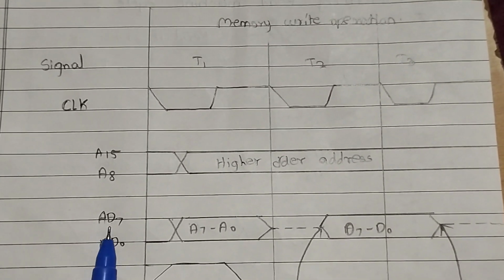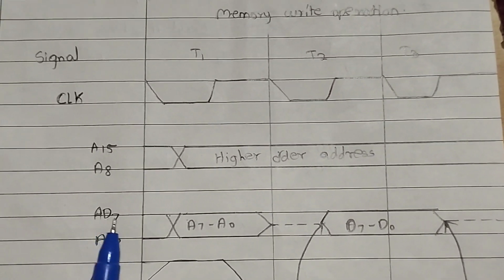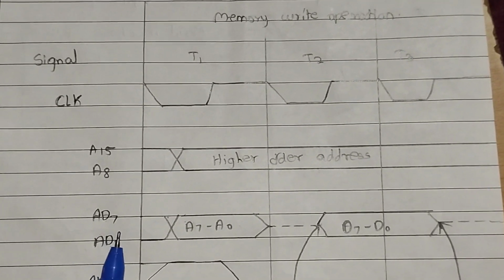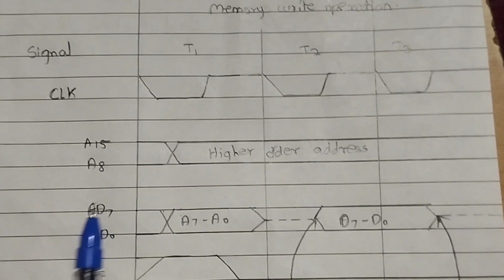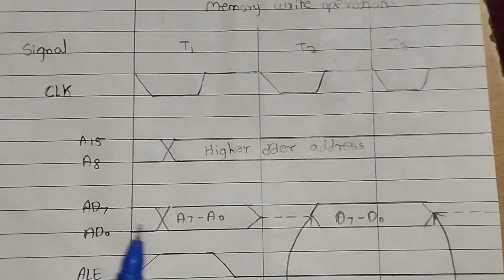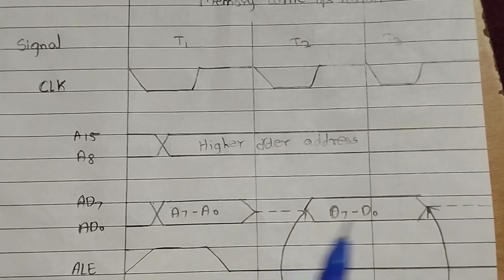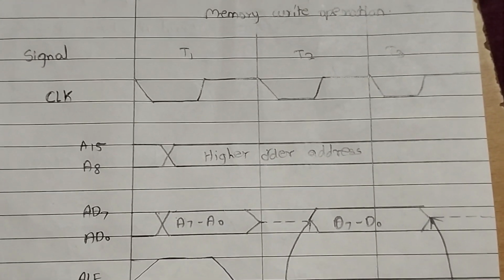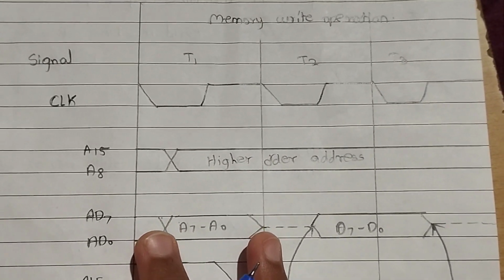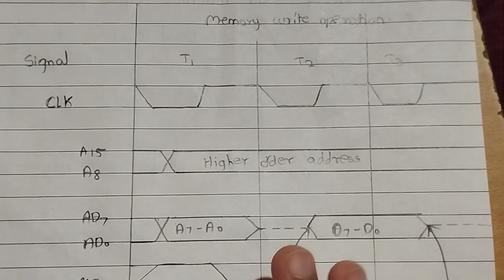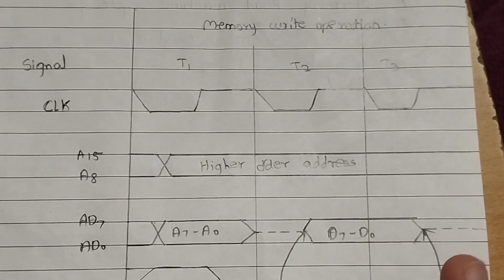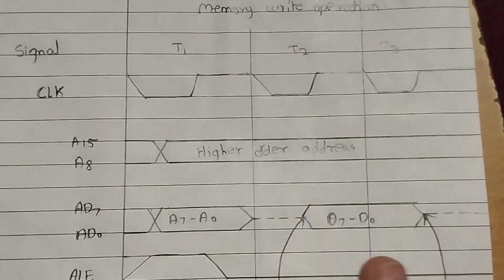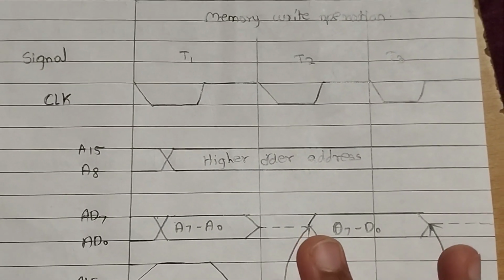But in AD7 to AD0, we know the data is multiplexed, meaning addresses and data are separated. For the address only one T state is used, and from the middle of the T2 state to the middle of the T3 state we store the data.